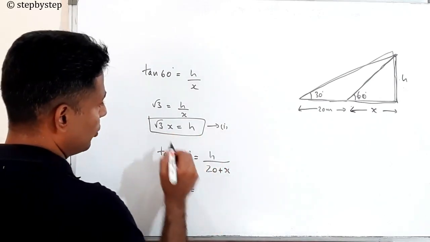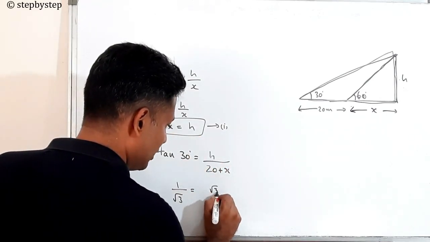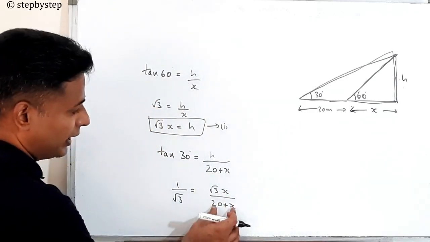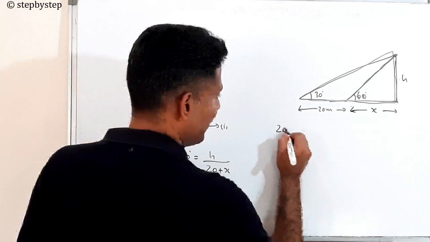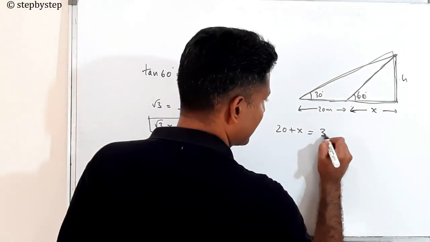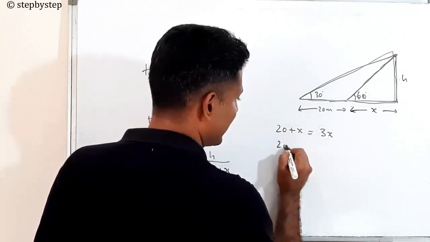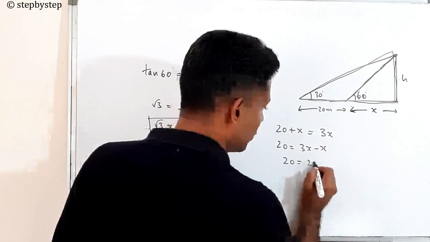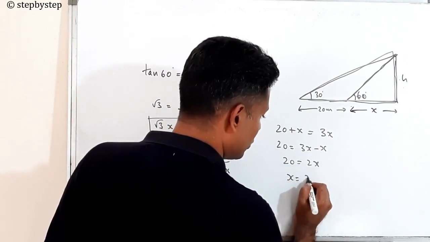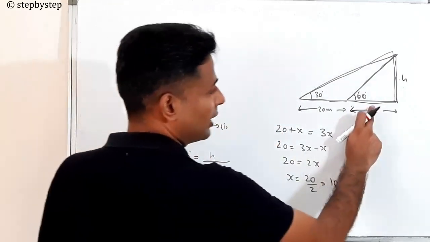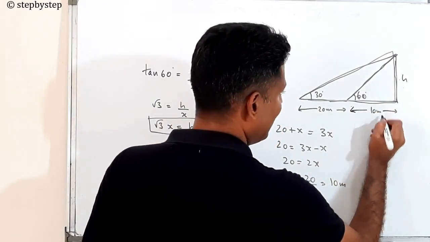Now we have h as root 3x, so instead of h I can write it as root 3x by 20 plus x. Now 20 plus x into 1, 20 plus x equal to root 3 into root 3x, 3x. Now I transpose this x, so I get 20 equal to 3x minus x. So 20 equal to 2x. So x will be equal to 20 by 2, that is 10 meter. So we got the width of the canal 10 meter, right?